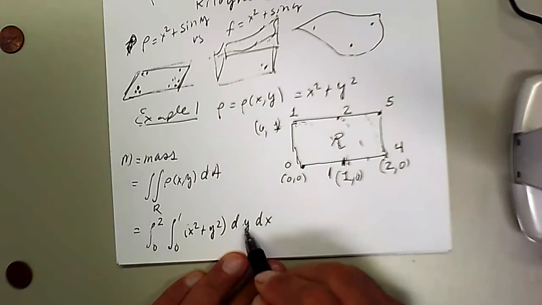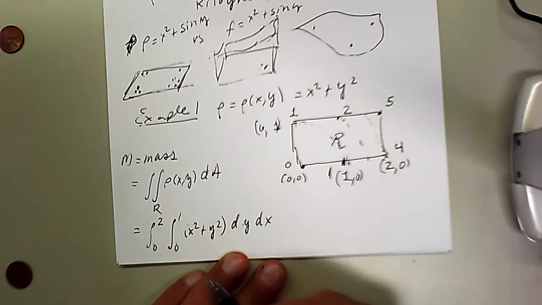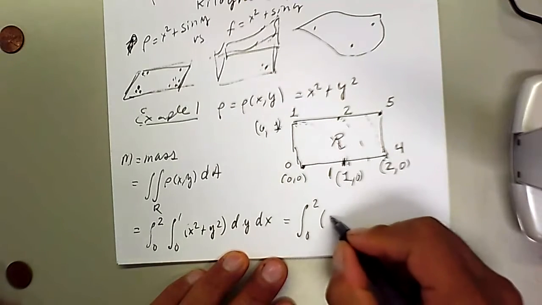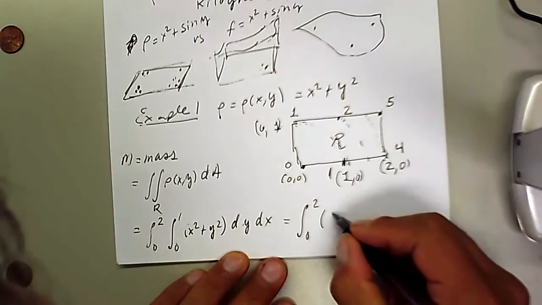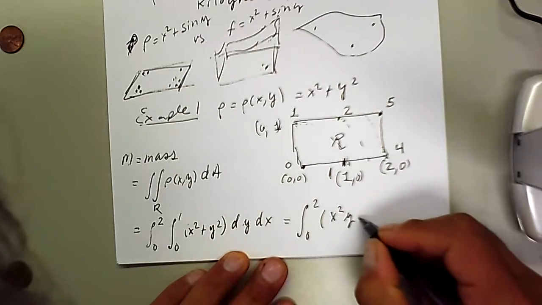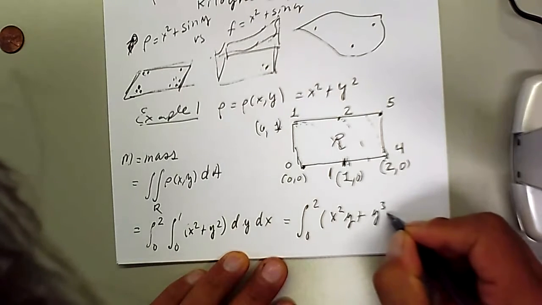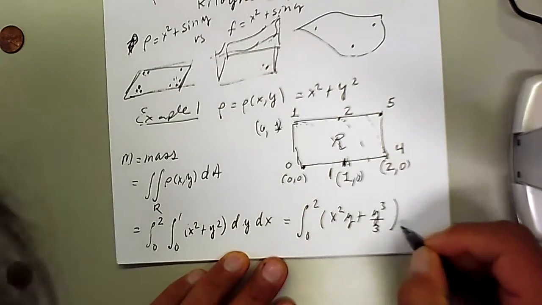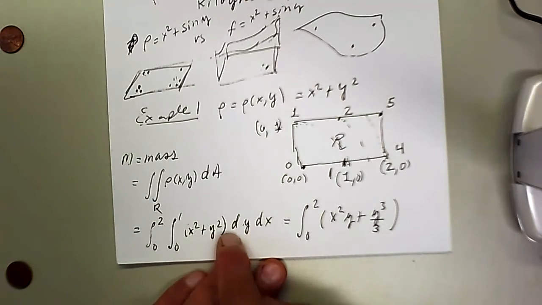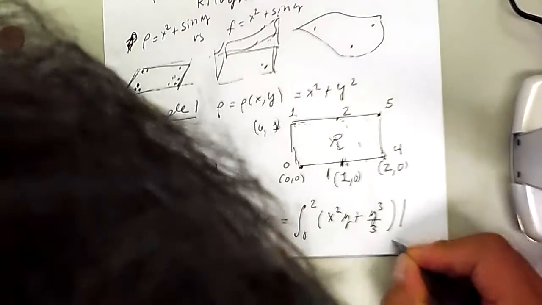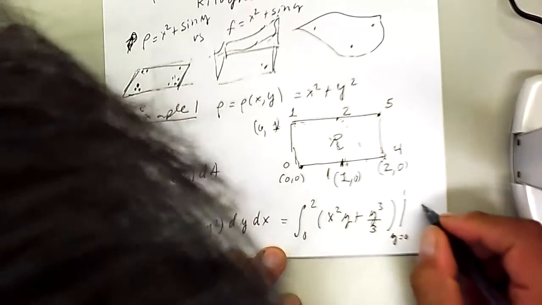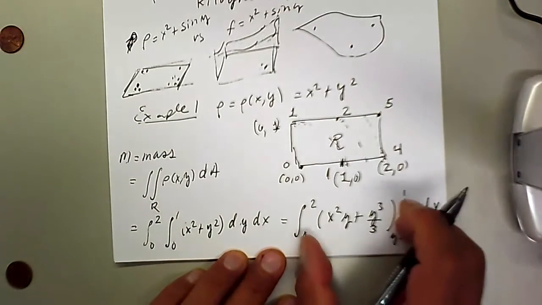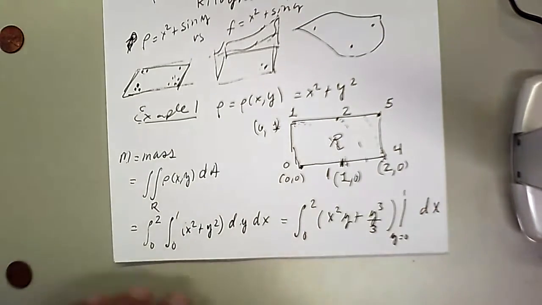While we are integrating with respect to y, x is a constant. So we have x squared y plus y cubed over 3 as we plug in y from 0 to 1. And then after we do that, we still have to find the integral of that with respect to x from 0 to 2.